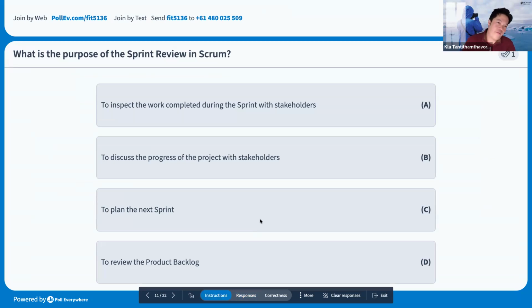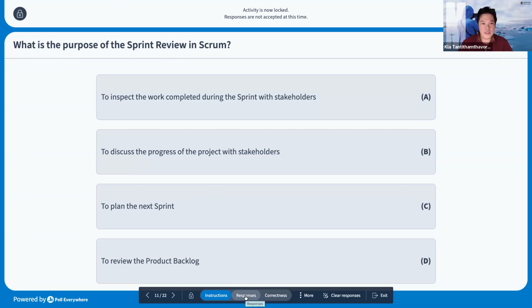What is that? Sprint review. Okay, so let's see the response together.